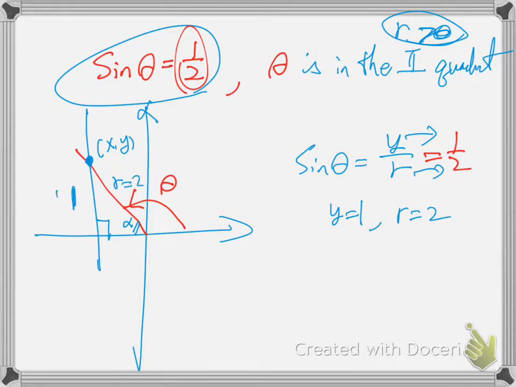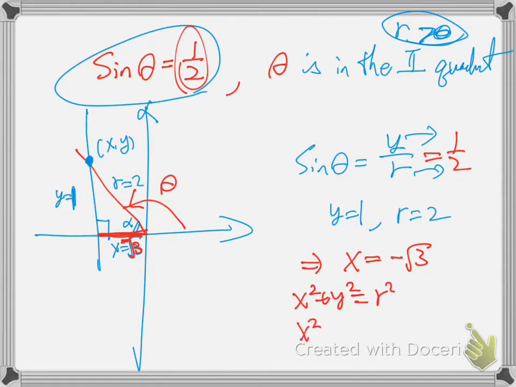Now y is 1, r is 2. If you remember our special case, x will be negative radical 3. The length here is radical 3, but it's to the left, so it's negative radical 3. If you didn't remember, you can use x squared plus y squared is r squared.